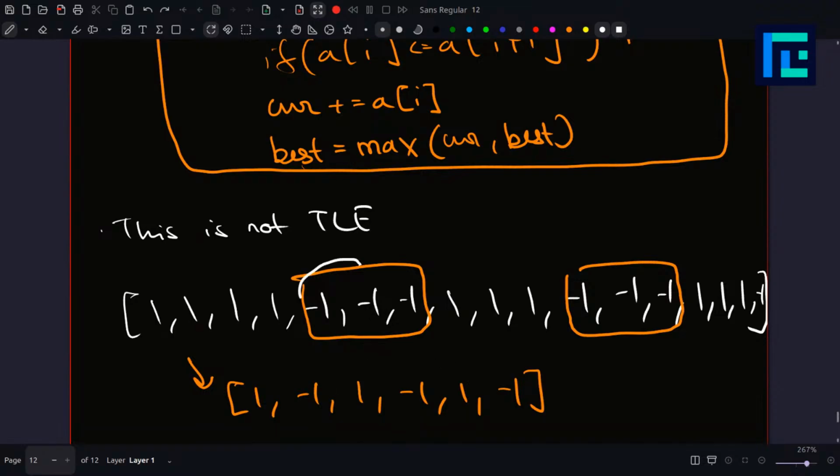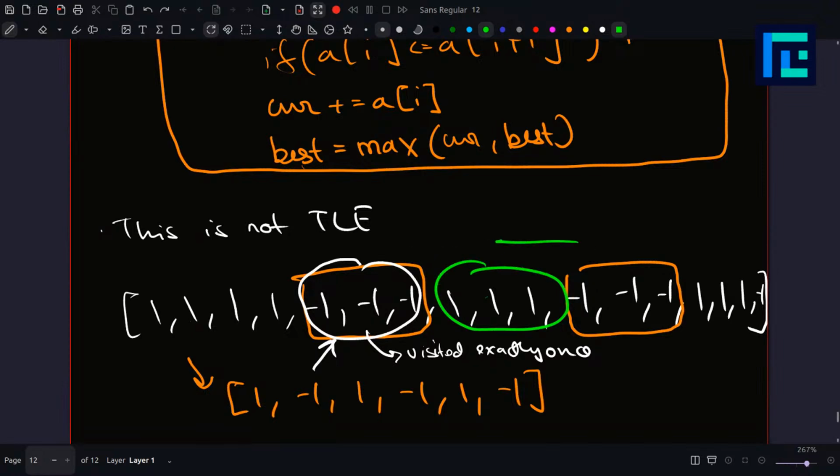So now every element in this block is visited exactly once, right? And what about the elements in between? These elements might be visited twice, once as a prefix sum and once as a suffix sum, right? So this block might be visited once like this and once like this, the one which corresponds to this.